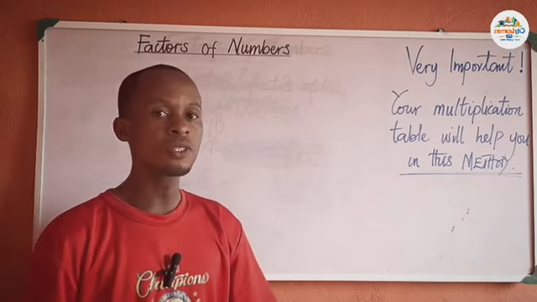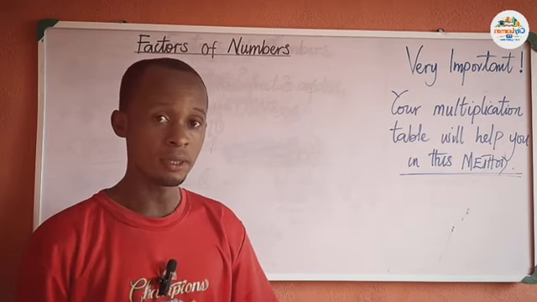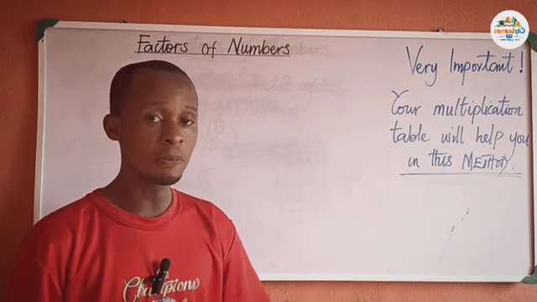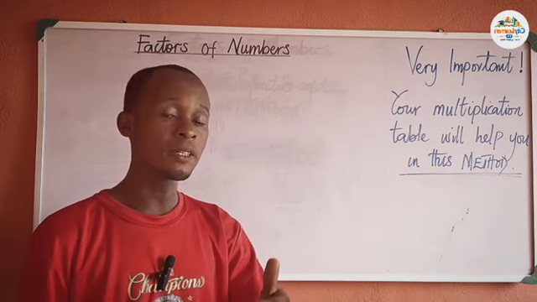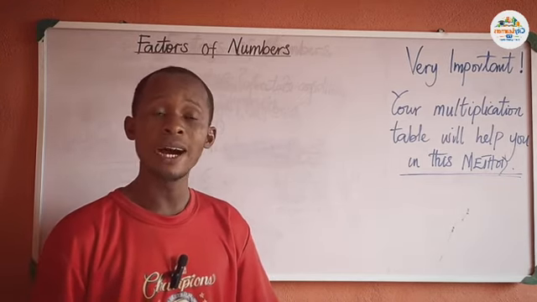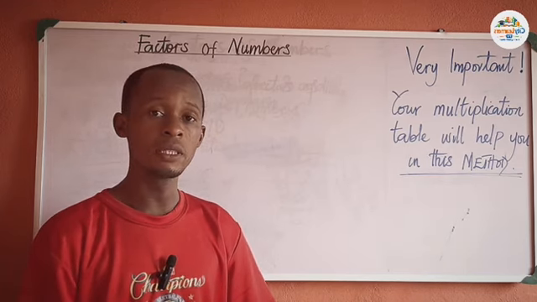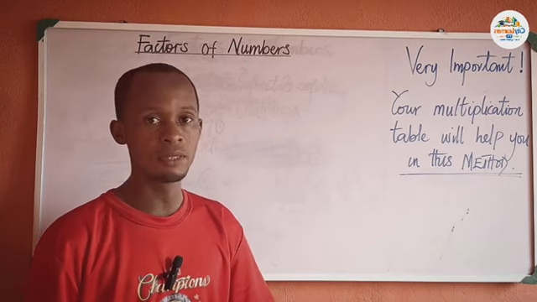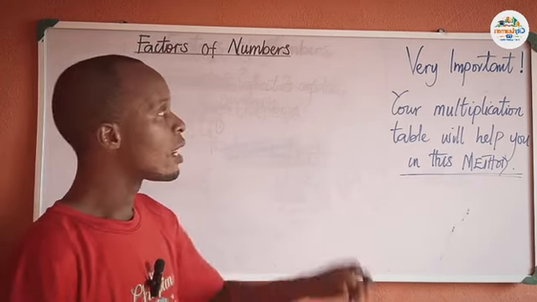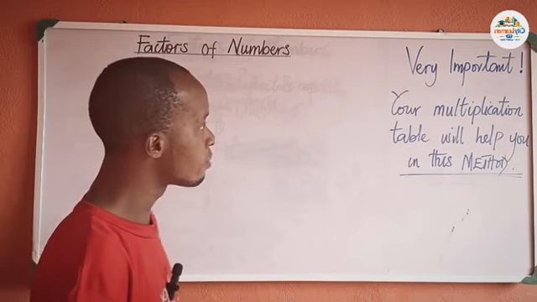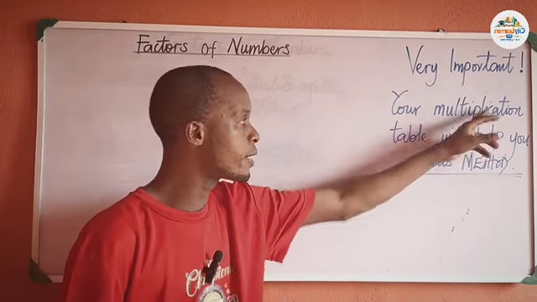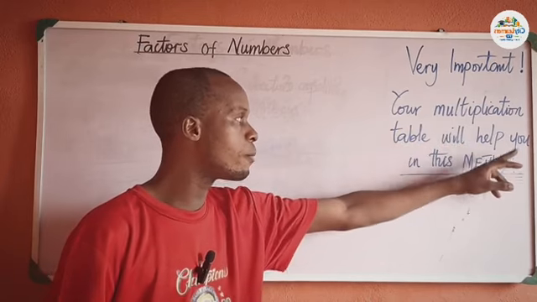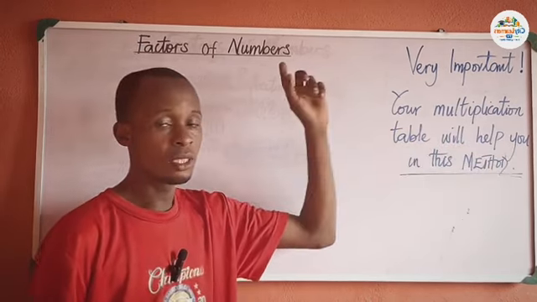Now, we're going to proceed to the second method, and that is the multiplication method. I have explained to you in the previous video how to use the division method, and now we're going to be using the multiplication method. Before I go ahead, I need you to understand that your multiplication table will help you in this method a lot.